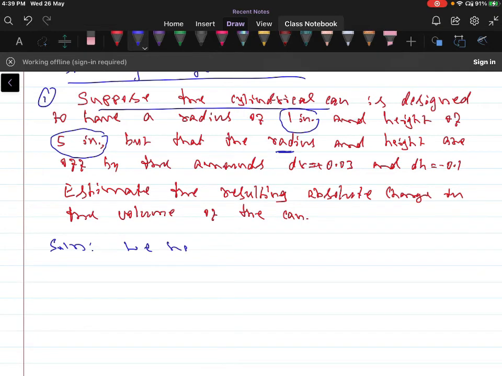We have the volume of the cylindrical can, V is equal to pi r square h, where r is the radius of the can and h is the height of the cylindrical can.